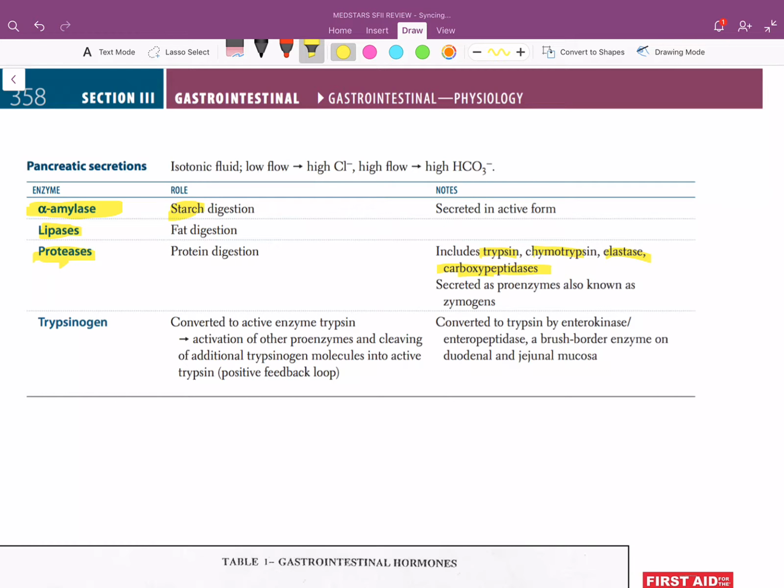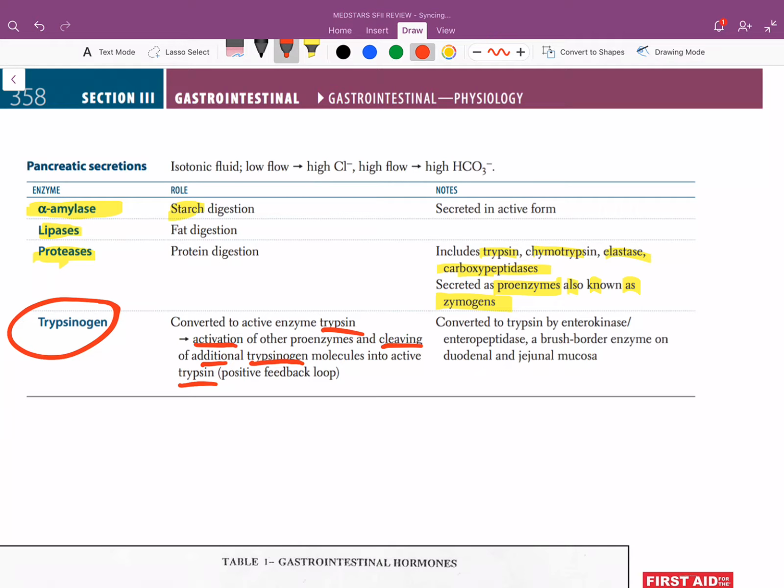Now, what it's saying here is that they start off as proenzymes, aka zymogens, right? And the main player is this guy right here, trypsinogen. Trypsinogen gets converted into trypsin, and once it gets converted into trypsin, it goes around and cleaves additional trypsinogen into trypsin.